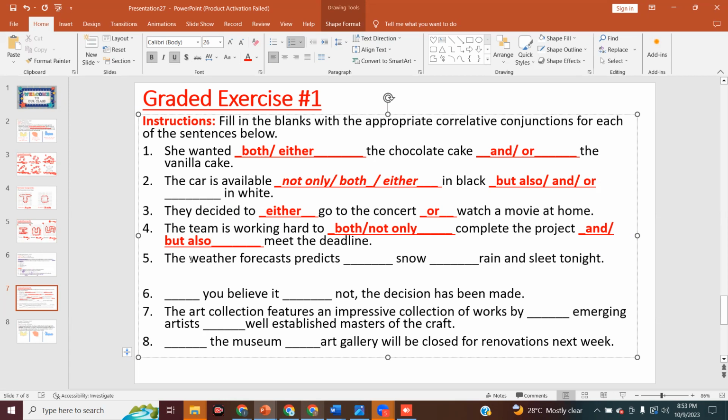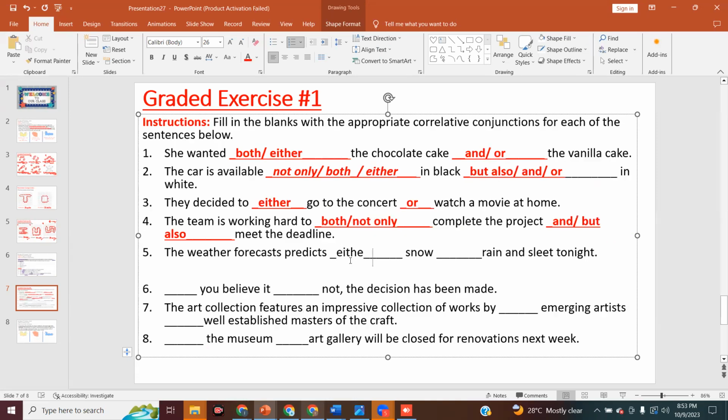Okay, good. Number 5: the weather forecast predicts blank snow, blank rain, and sleet tonight. What is that? Either or. Both, both snow. Not only snow, but also.